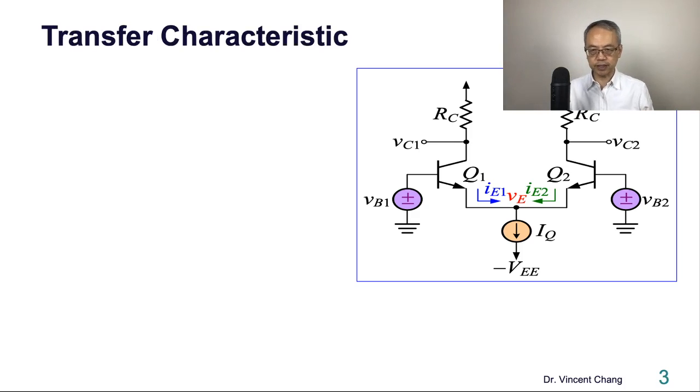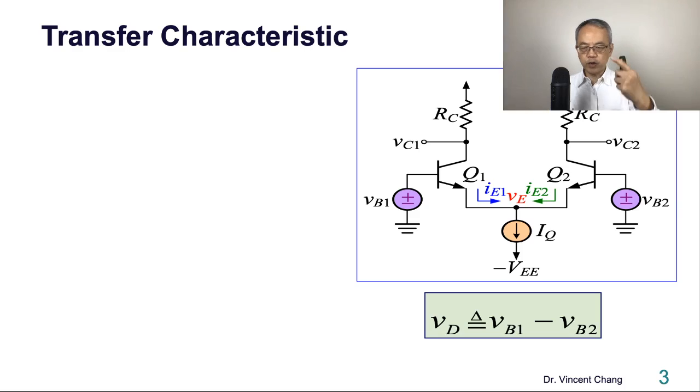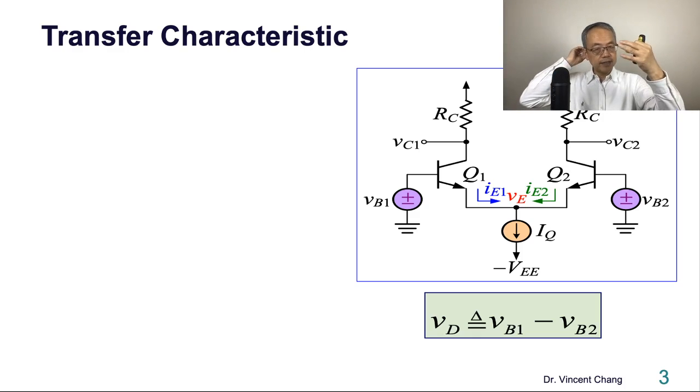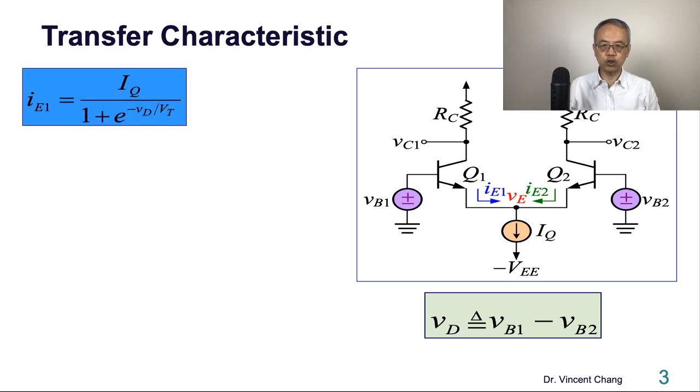Differential pair circuit transfer characteristic. If we define the difference between the large signal VB1 and VB2, again, the subscript is capital. If the subscript is lowercase, it means the small signal. So the subscript now is the capital D, which represents a large signal differential voltage.